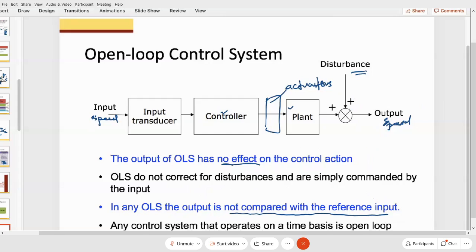That is an open loop system. So a system that uses a timer is an open loop system. So you can imagine your system, you have sketched the system. Is your system open loop or closed loop?